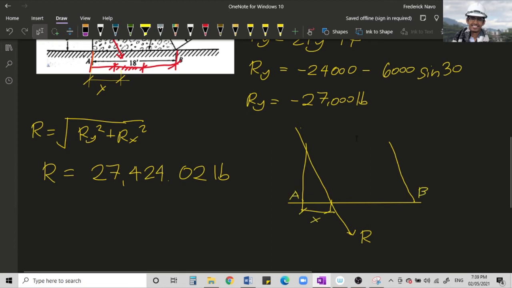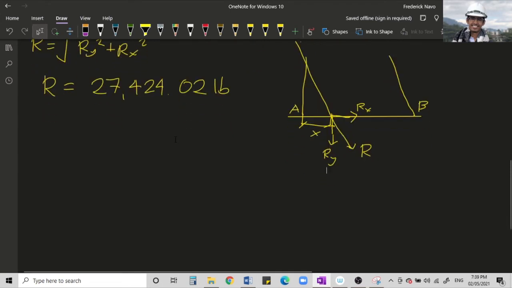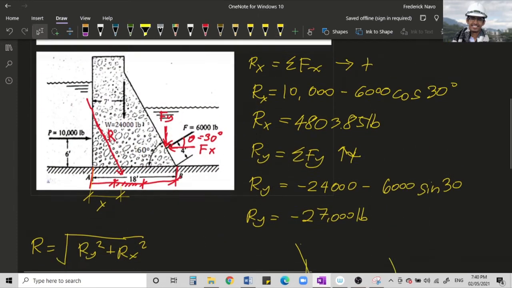Okay. Ngayon, our resultant R has Rx and Ry. Okay. Tama? So, only Ry will produce a moment. Tama, di ba? So, yung Ry lang ang magmo-moment. So, we say the moment of the resultant at point A is equal to the summation of moments of the 3 forces at point A. So, mag-moment tayo.